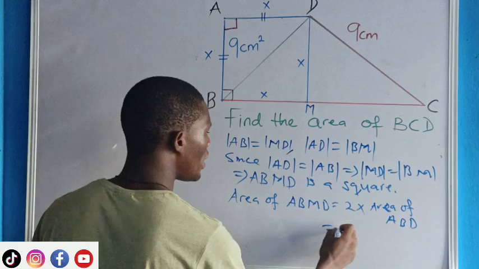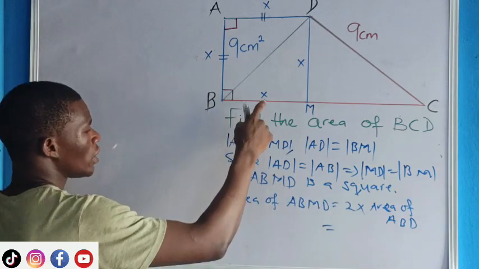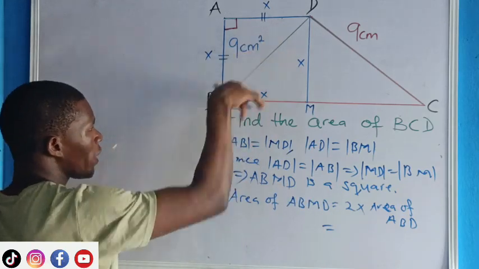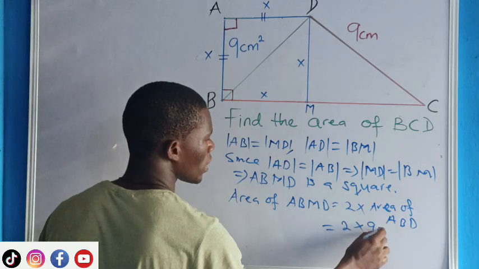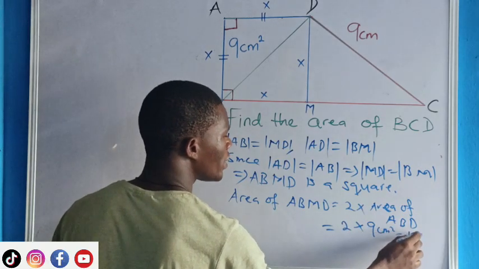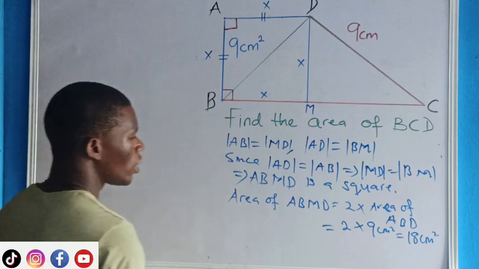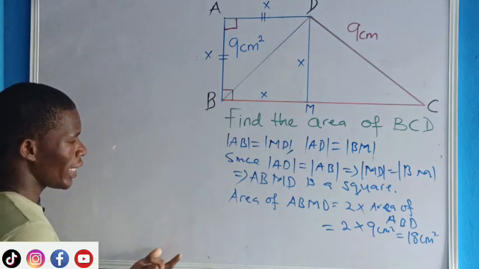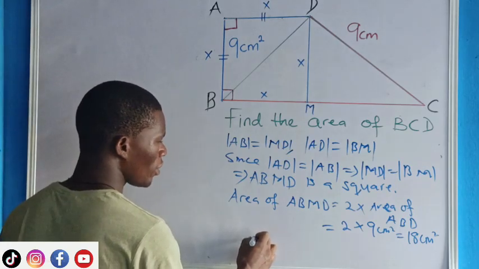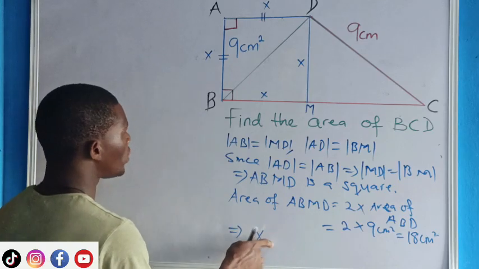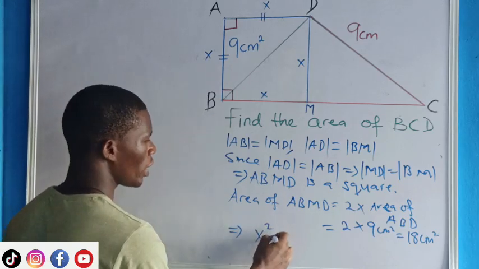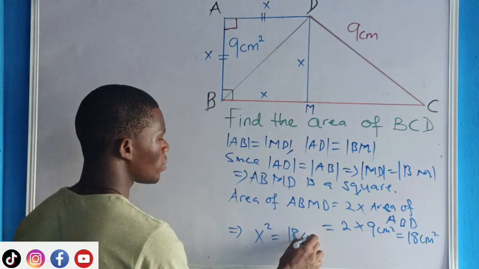So the area of ABMD, that is this square, is 2 times 9 centimeters square, which equals 18 centimeters square. The area of the square is x squared, so x squared is equal to 18 centimeters squared.